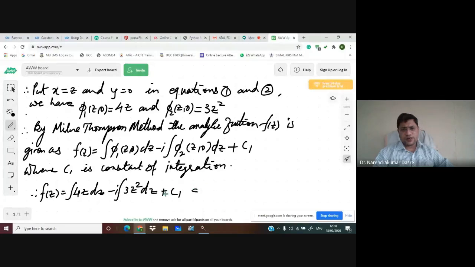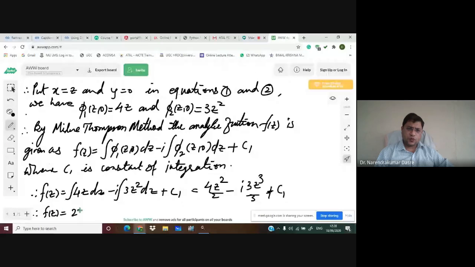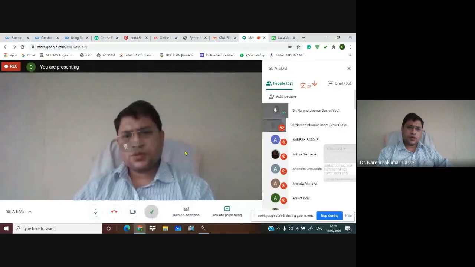Okay, so if you simplify, this will be 4z square by 2 minus i times 3z cube by 3 plus c1. So we can write here f of z is equal to 2z square minus i z cube plus c1. Okay, so I hope you are able to get this one. So are you done with this?